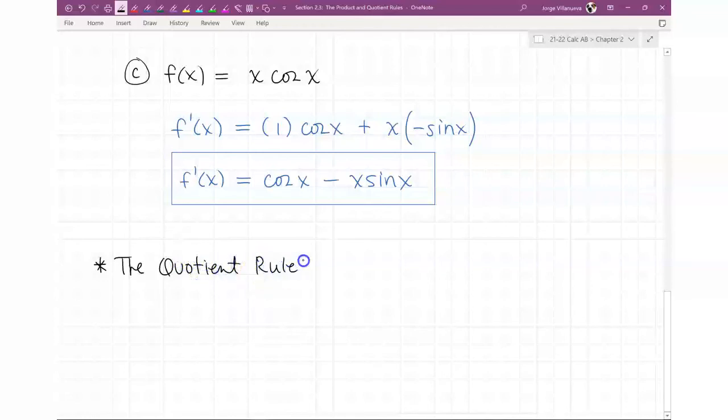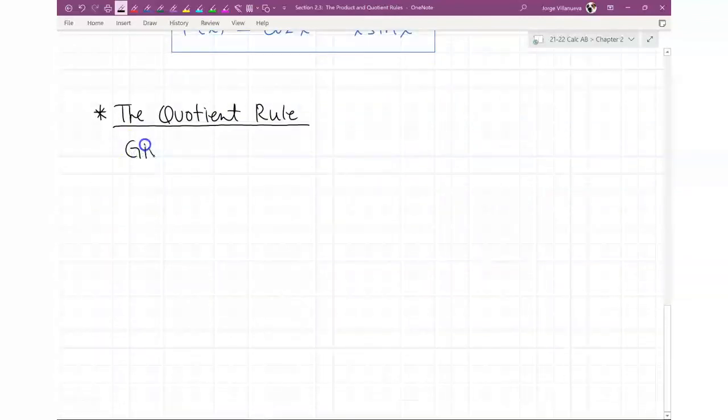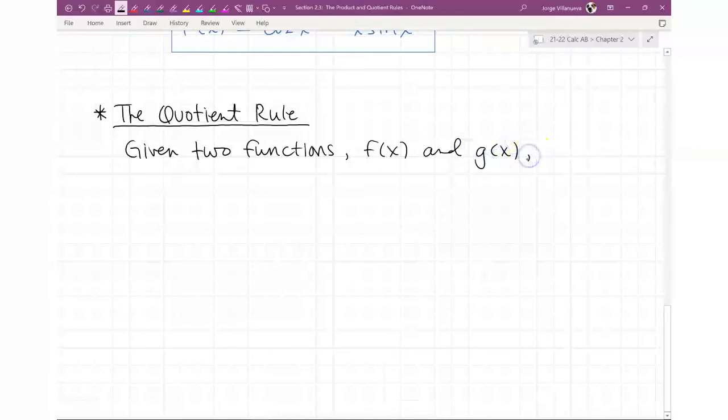This one's a little bit more complicated. So given two functions, f of x and g of x, the quotient rule is used as follows.